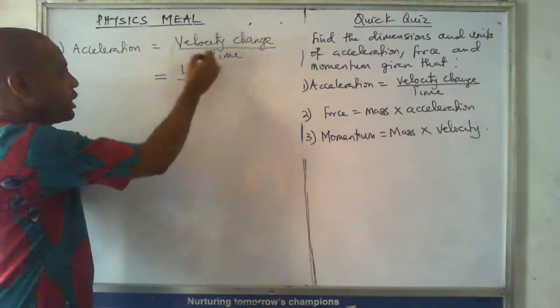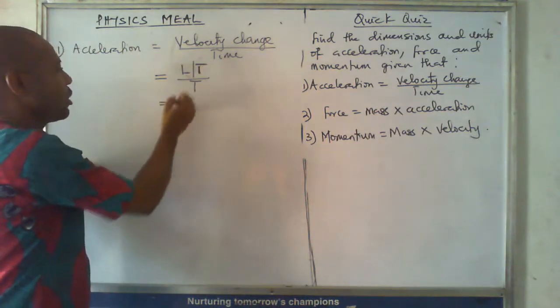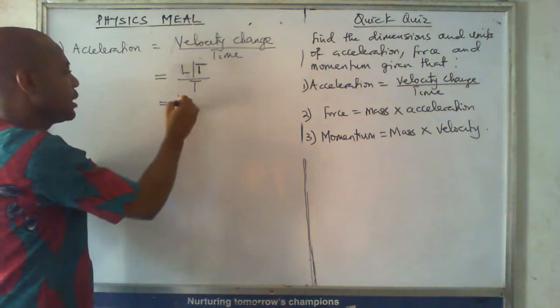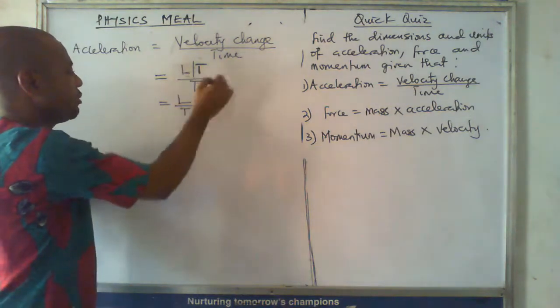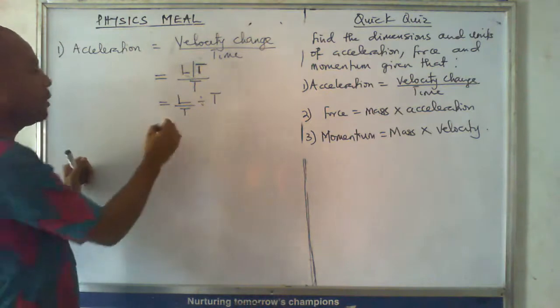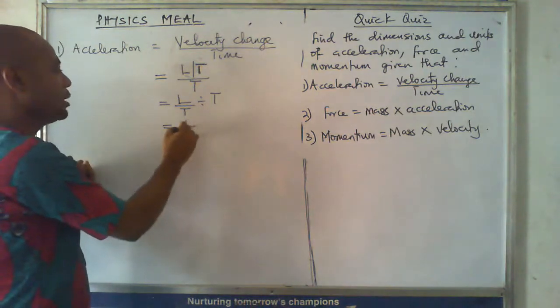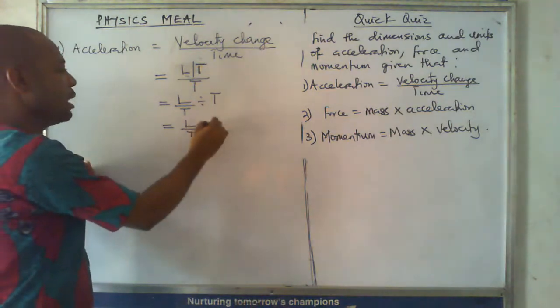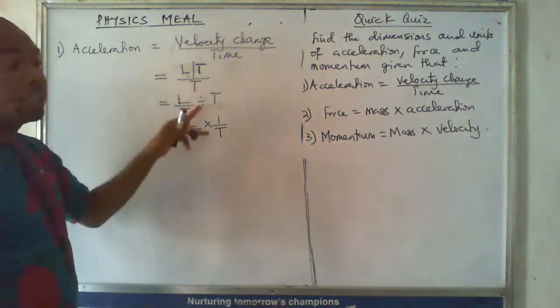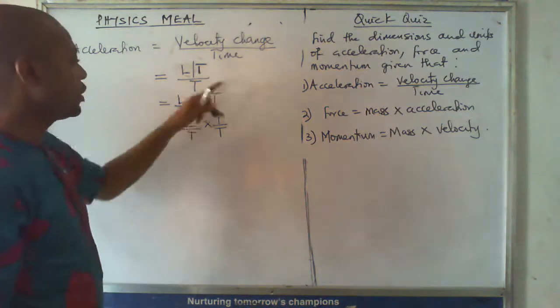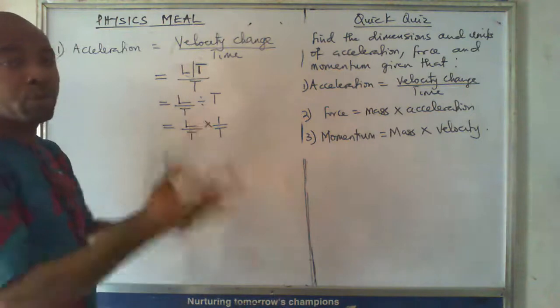So this is representing velocity. So we can now write this as length per time divided by time. Now applying the principle of mathematics, this is length per time times 1 over time, because when you change division to multiplication, the next term there will be inverted.